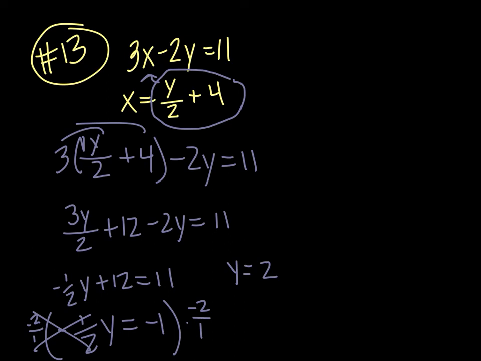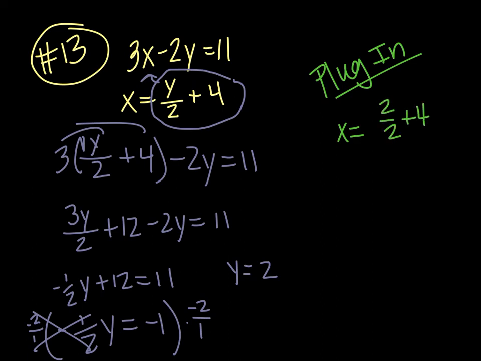We need to plug it in to get our x. So I'll just plug it into the second one. So x equals, y is 2, so 2 over 2 plus 4. 2 divided by 2 is 1. 1 plus 4 is 5.